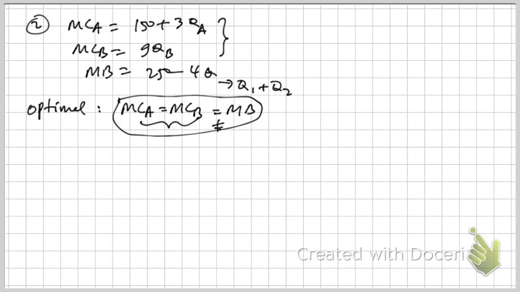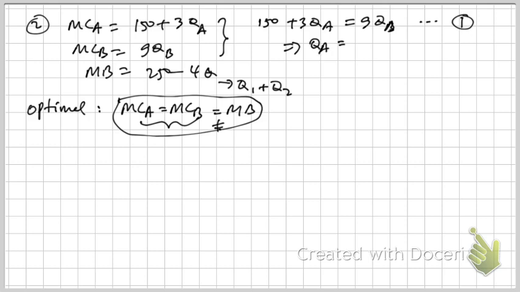So let's equalize these two to get some form of simultaneous equation. So if you equalize this, then I'm going to solve for this. It is anyway our first equation, but we are going to simplify it. So I'm going to subtract 150 from both sides and then divide by 3.